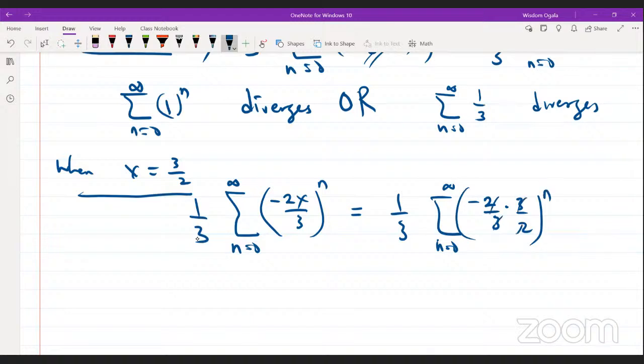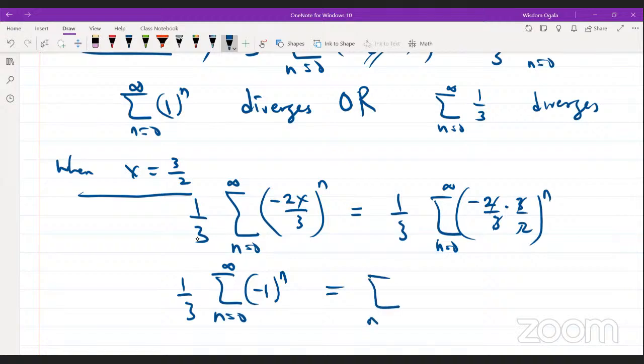So this guy cancels out. However, I'm left with the sum from n equals 0 to infinity, negative 1 to the power of n. And this guy is the same thing as the sum from n equals 0 to infinity, negative 1 to the power of n divided by 3. This guy is actually divergent.